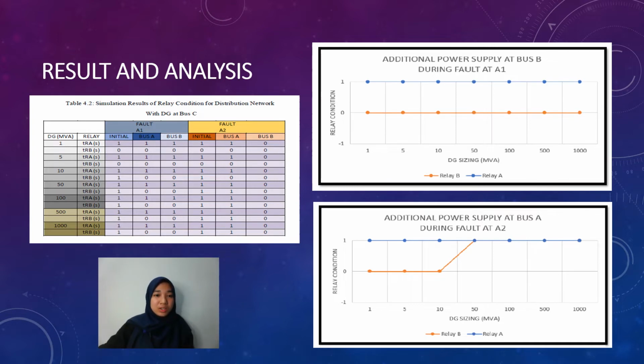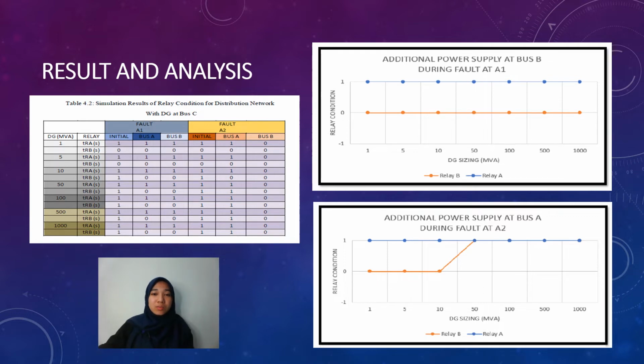From this table, for the initial condition, 1 MVA and 5 MVA are in normal condition, but from 10 MVA until 1000 MVA, false tripping occurs at relay B. This shows relay B is in state 1.